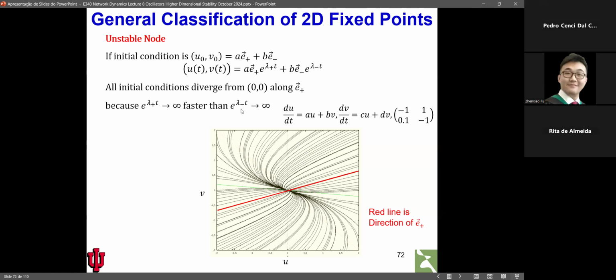And du dt, dv dt, at 0 you're going to have this Jacobian.